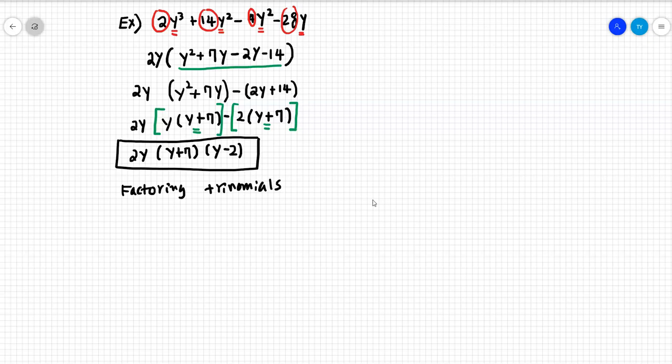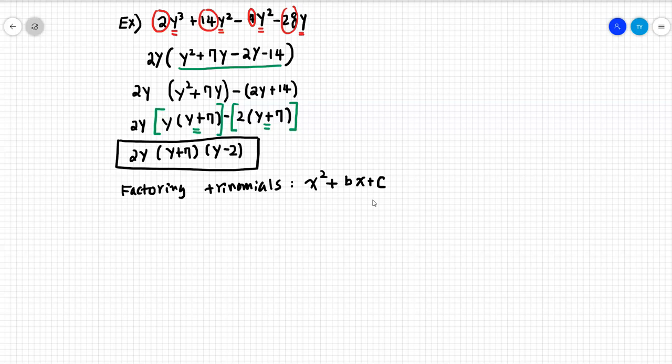There are two kinds of trinomials. This one is going to be the form x squared plus bx plus c. In the next video, I'm probably going to talk about when you have an a in front of it. It's kind of the same thing, but that's what we're going to do next time.